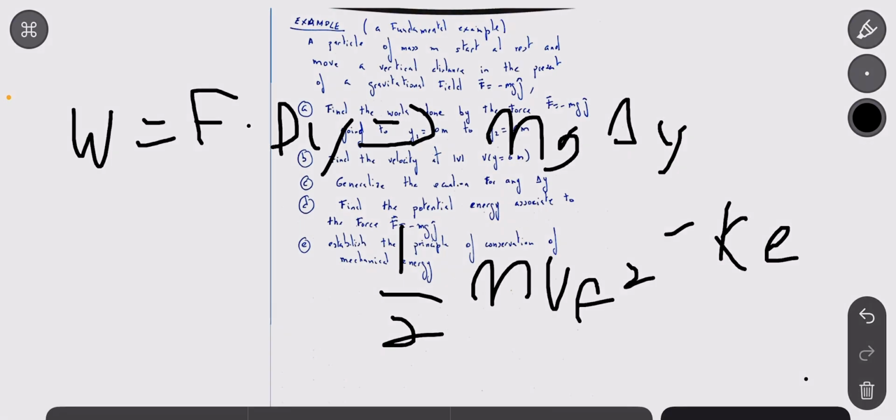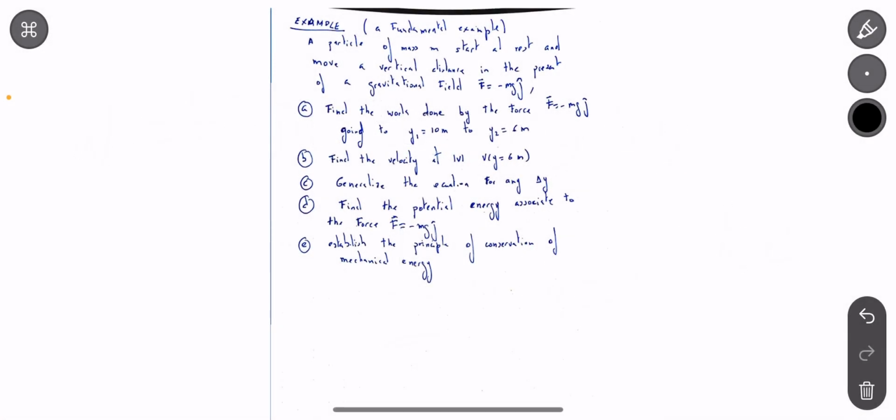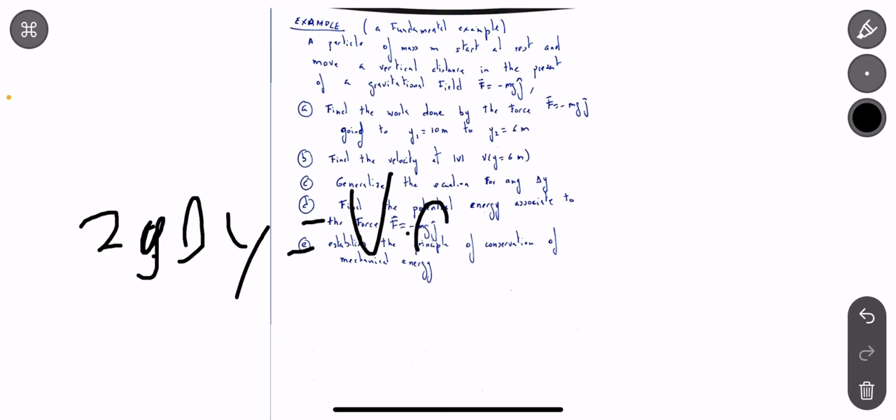And then if we continue going, we'll rewrite this now. We'll have 2g dy equals velocity squared, because remember, we're looking for that force displacement, which we know force is just equal to mg. And essentially, we're going to be left with this being one of our final answers here.